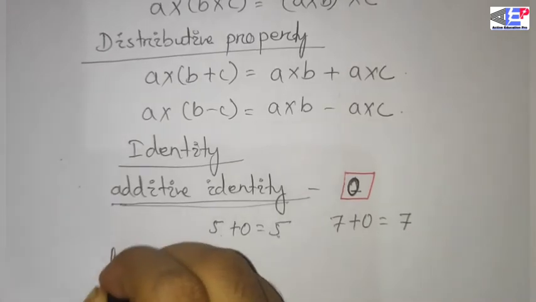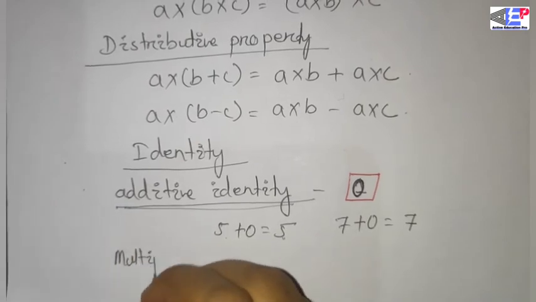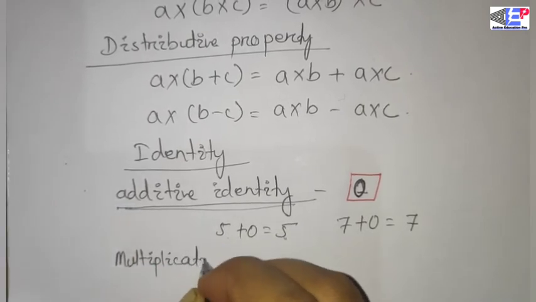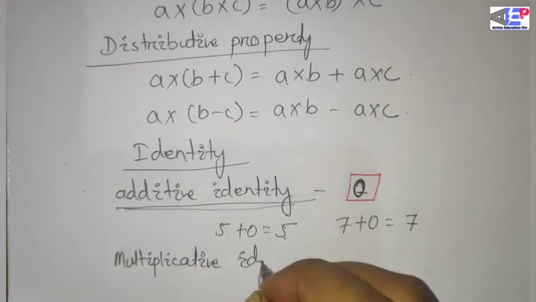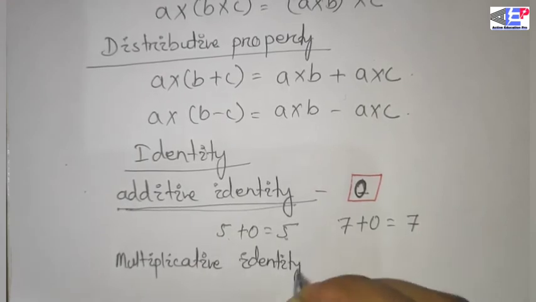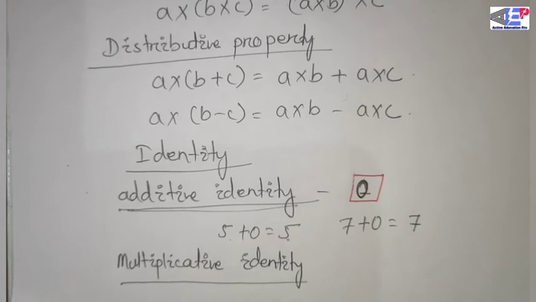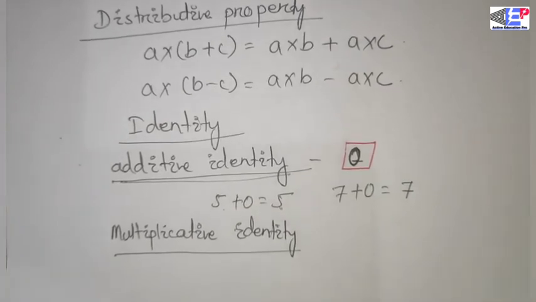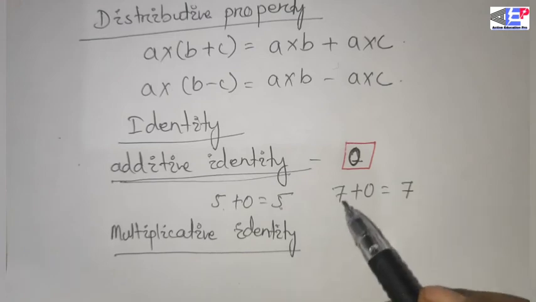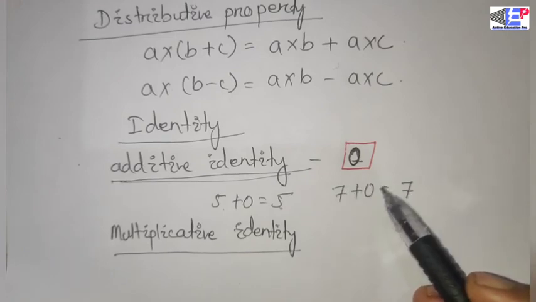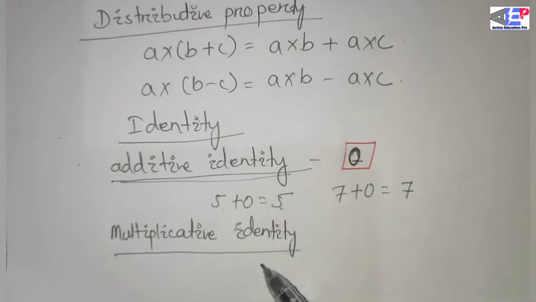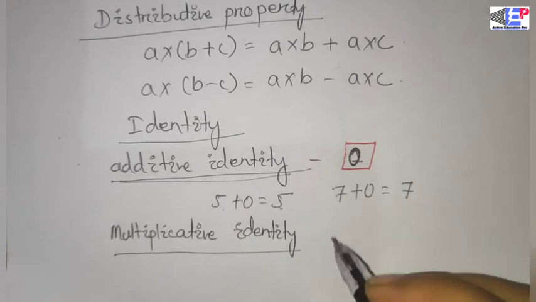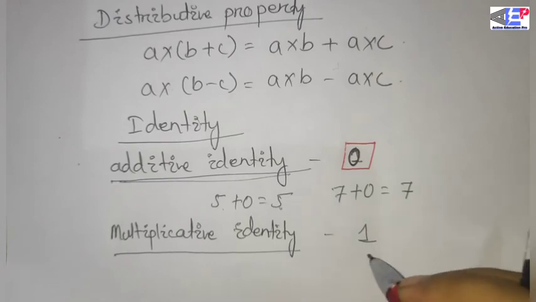Then the next one is multiplicative identity. At the time of multiplication, we find the multiplicative identity. Similarly, as additive identity adds such a number that there are no changes to the value, at the time of multiplication we multiply by such a number that the resulting number will be the number itself. That number is 1.